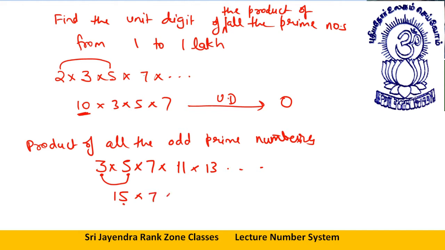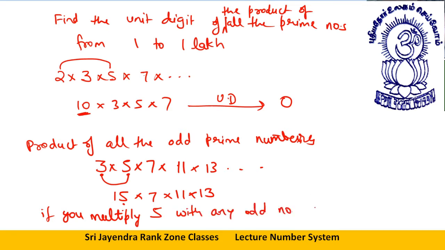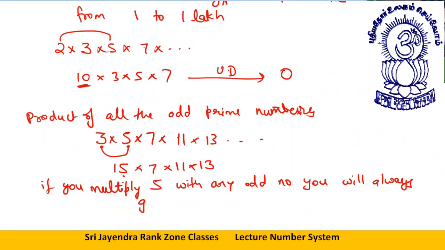If you multiply 5 with any odd number, you will always get 5 as the unit digit. That is the main thing. I hope things are clear so far.